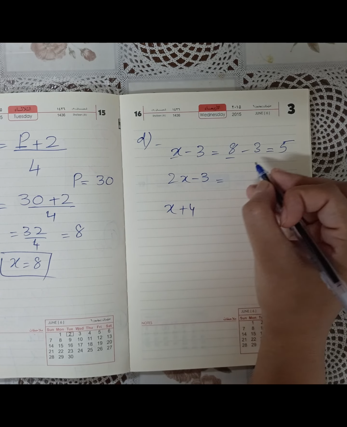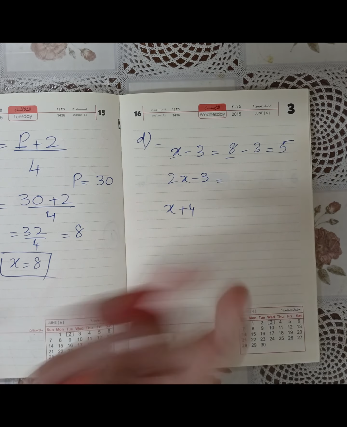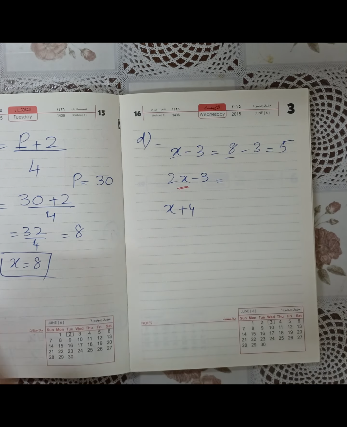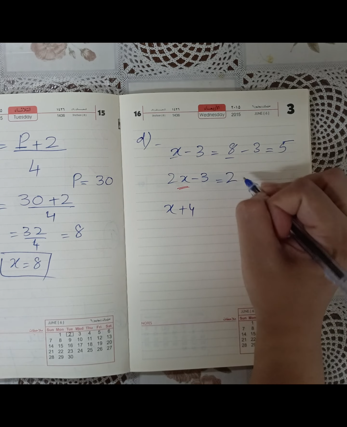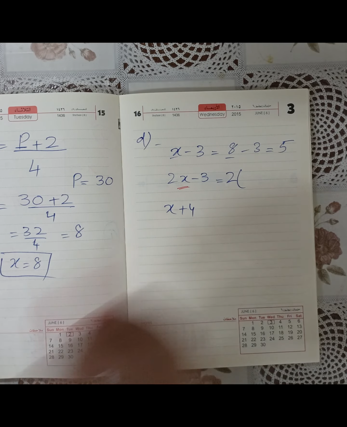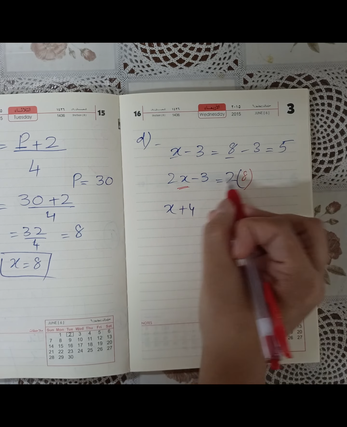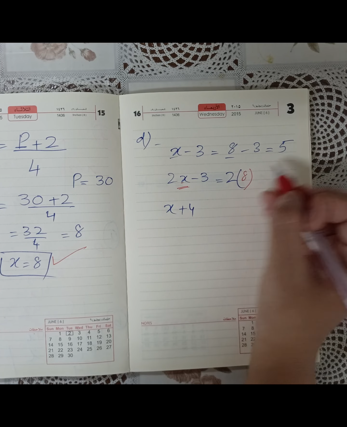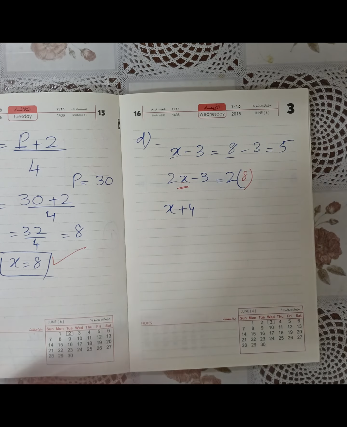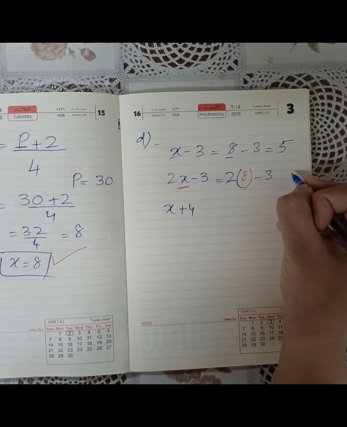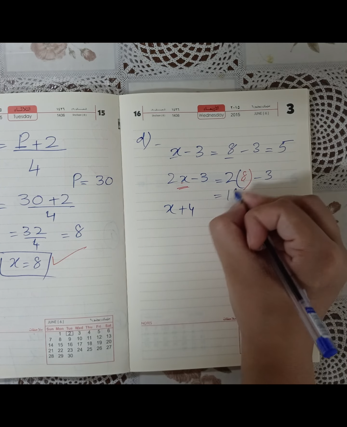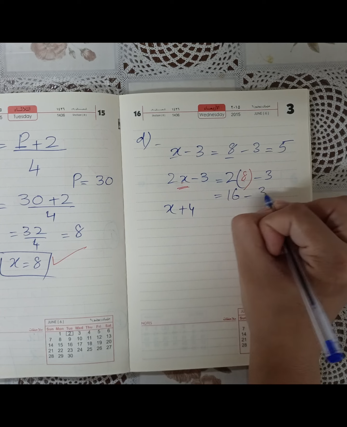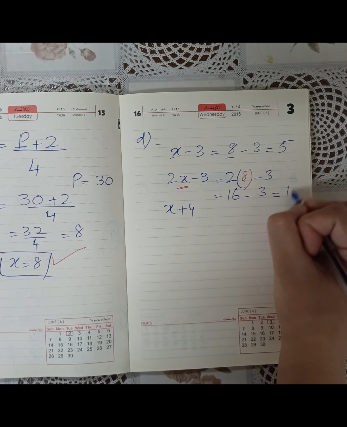So 2x minus 3, now I have x here, so I will write 2 and I will write 8. From where did I get this 8? I got this 8 from this side. Then minus 3. So 2 times 8 is 16, minus 3, that is 13.